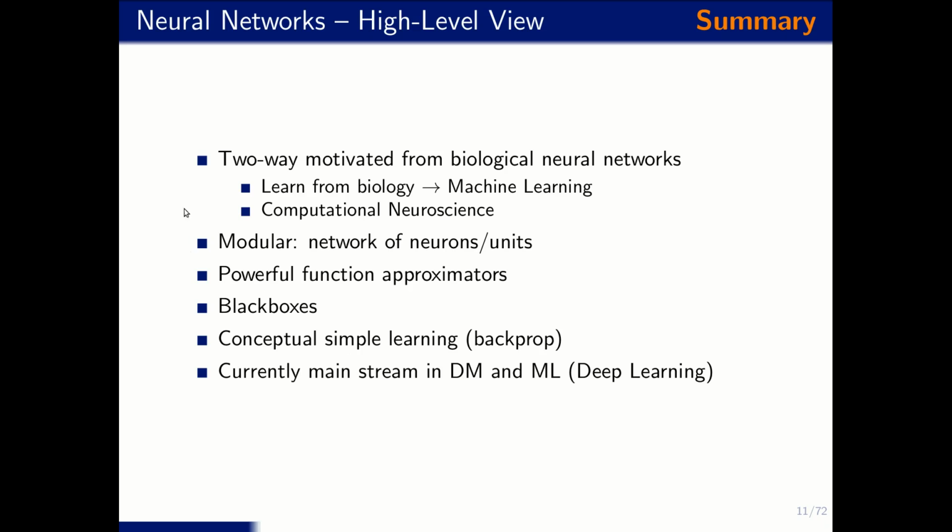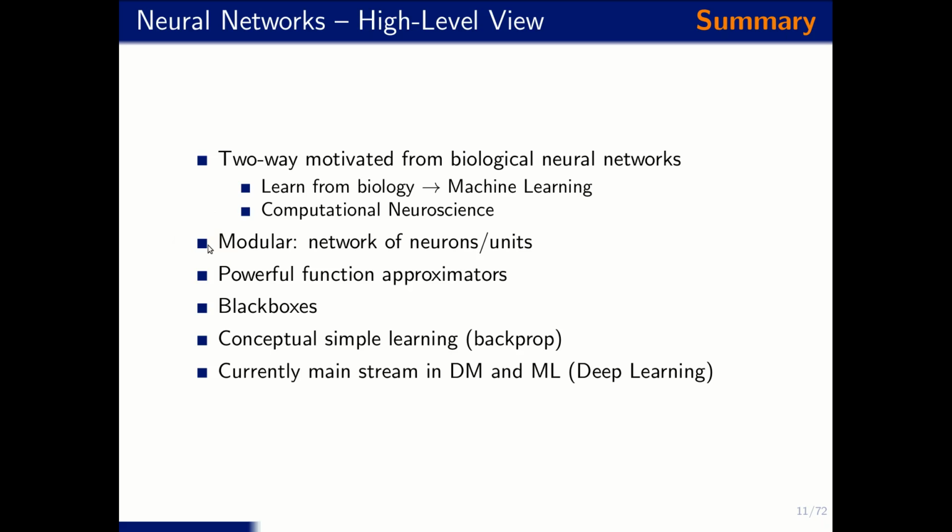So we said, well, artificial neural networks are motivated from biology, and there's actually a two-way street. On the one hand, we want to learn from biology and improve machine learning. On the other hand, we want to use these artificial neural networks to do computational neuroscience, so we want to understand biological neural networks better by simulating them. The main idea of artificial neural networks is this modularity.